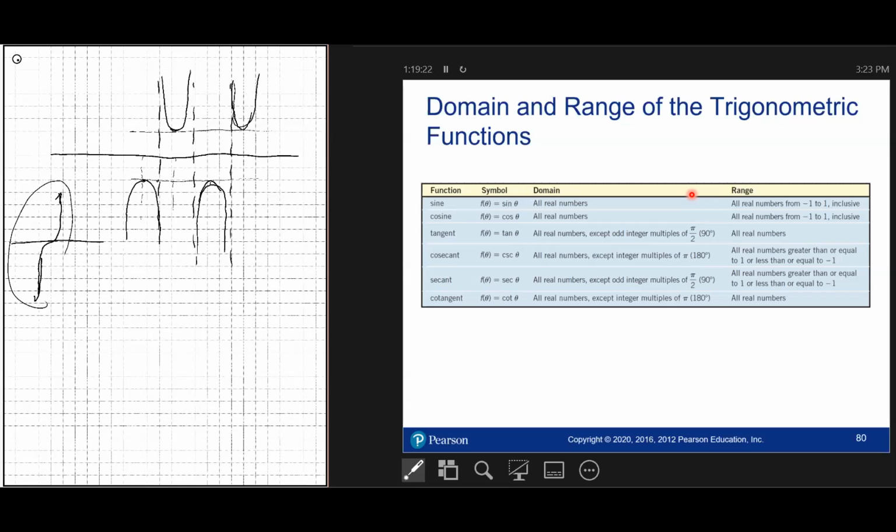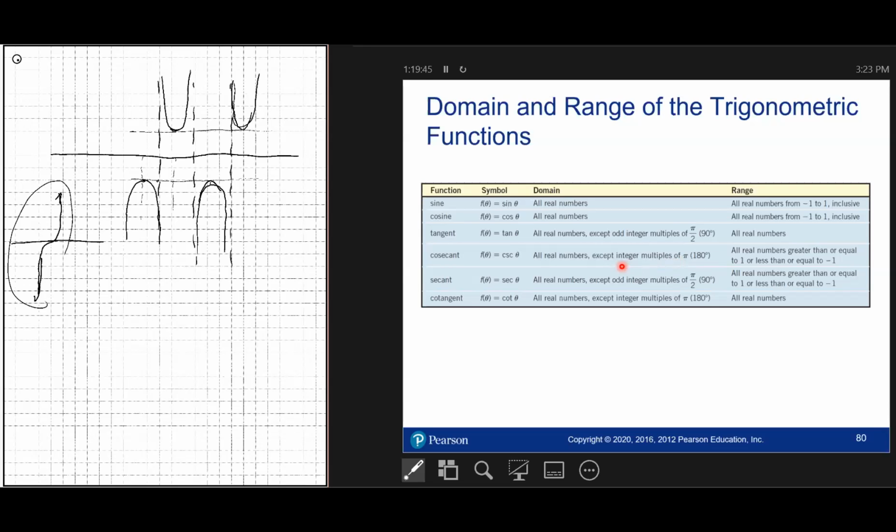Cosecant is all real numbers except for integer multiples. See, here they got it right. On that previous slide, they said odd multiples, where I said it was wrong.